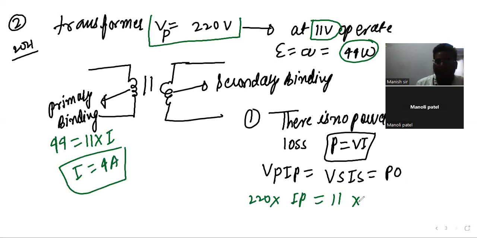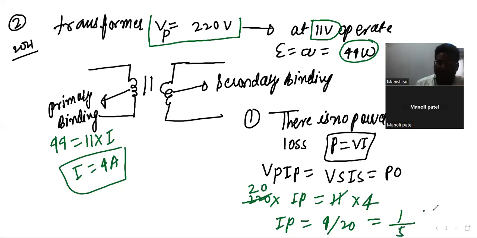So I will write here 4. So this cancels 20 times. So IP will be 4 by 20, so it is 1 upon 5. So the answer will be 0.2 ampere. This is the current in the primary. Write it down, this second one, an important question.